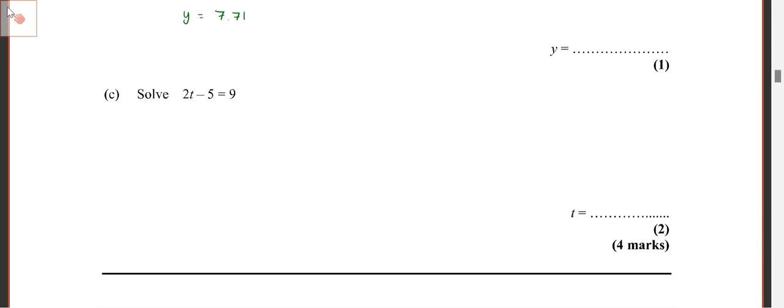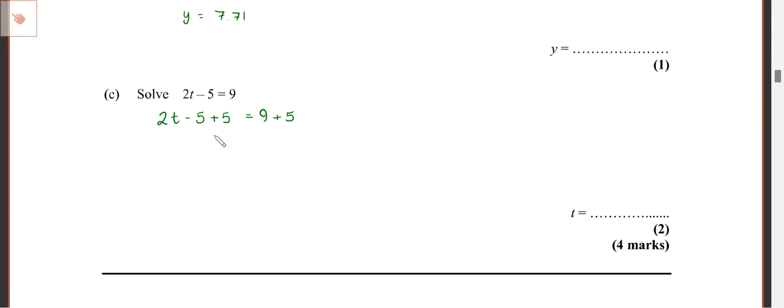This is where people started to ask questions. But again, if we think about the number machines, we know it's times by 2, then subtract 5, and I get 9. So what do we have to do first, Brooklyn? So we're going to do 2t minus 5, but we're going to add 5, equals 9 plus 5.